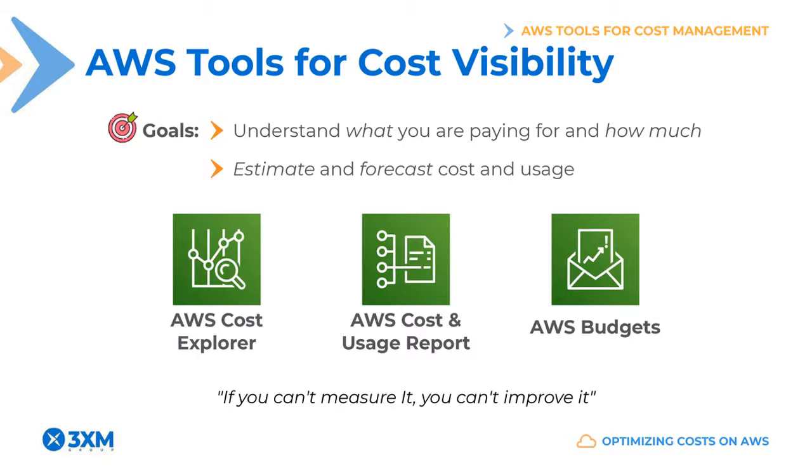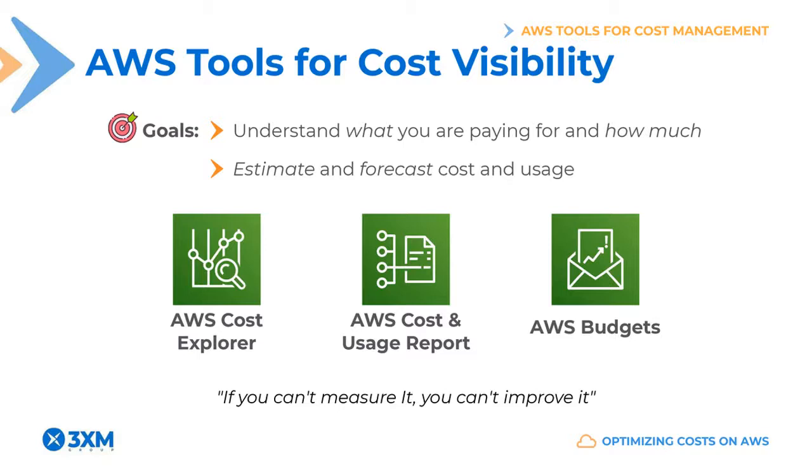Now, for truly granular cost analysis, AWS Cost Explorer falls short. That's where AWS Cost and Usage Reports come in, right? These reports contain the most comprehensive set of cost and usage data available. A typical practice is to set up exporting of the cost and usage reports to S3, and then tie in Amazon's analytics tools such as Athena, or maybe third-party analytics tools.